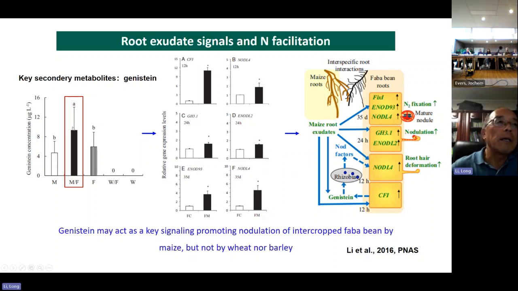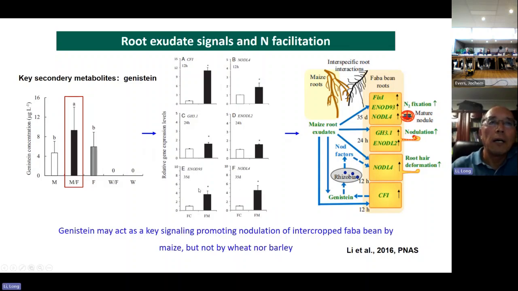The genistein concentration in the solution of maize and faba bean together is much higher than others, with maize alone and faba bean alone. We also measured some genes' expression related to nodulation and nitrogen fixation.